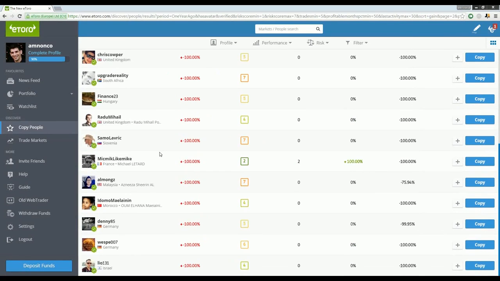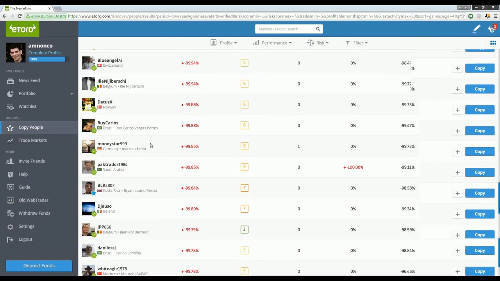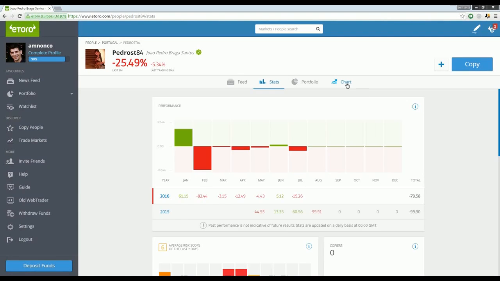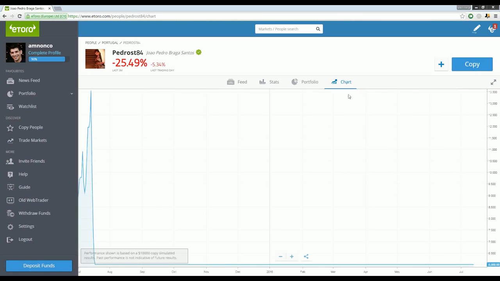Okay, these guys lost a lot of money. They lost 100%, but if we look at their chart, you'll see that it's capped at $6,000, meaning I only lost 40% of those $10,000 copy simulation funds.